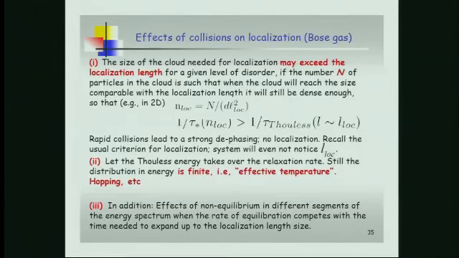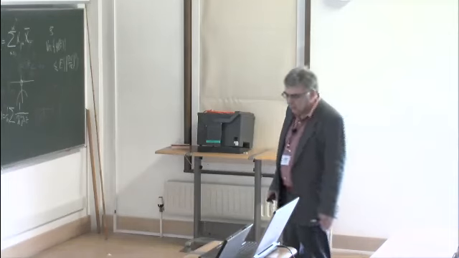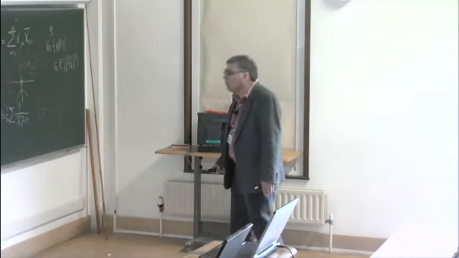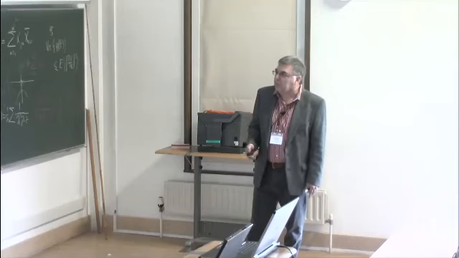So what I'm talking about is that in this kind of physics there are much richer phenomena than just Anderson localization alone, because non-linearity leads to quite a rich amount of other phenomena.